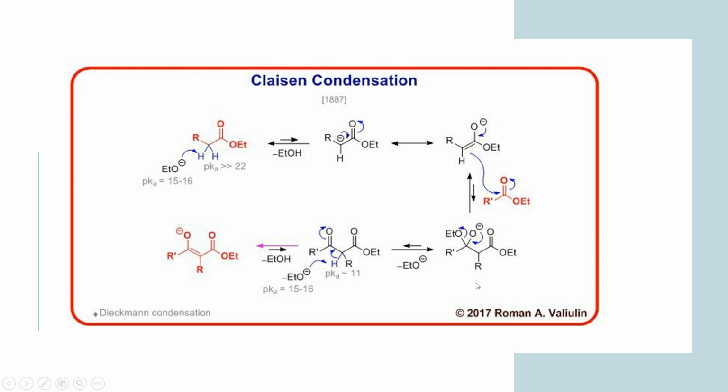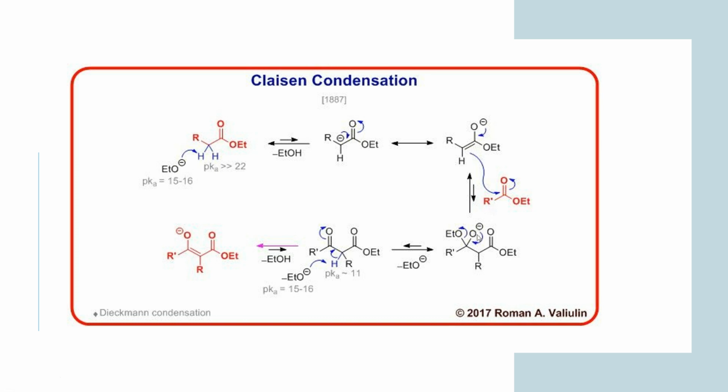This is actually written in the reverse way. This fragment is coming from the first substrate, isn't it? And this is the newly formed carbon-carbon bond. After pushing the shared electron pair towards oxygen, we get an oxyanion here.